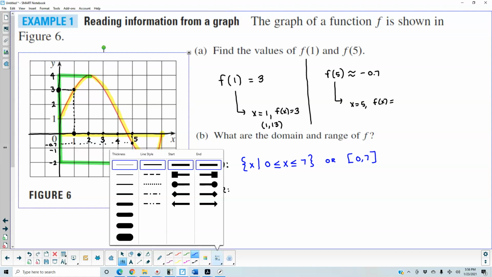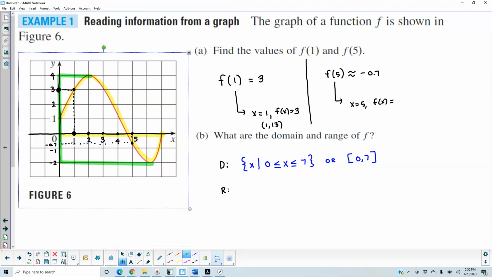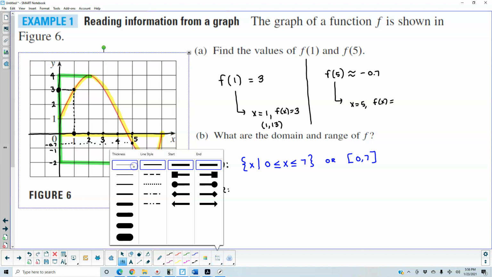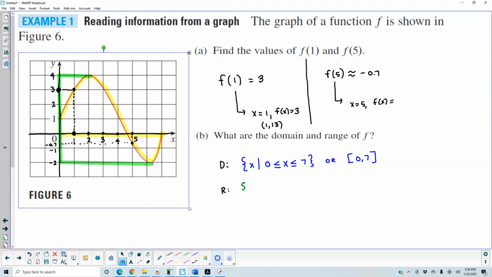So we can say that the range is the y values such that it starts at negative 2 inclusive, and goes all the way to the height of 4, or we can write this as bracket negative 2, 4 with a bracket.